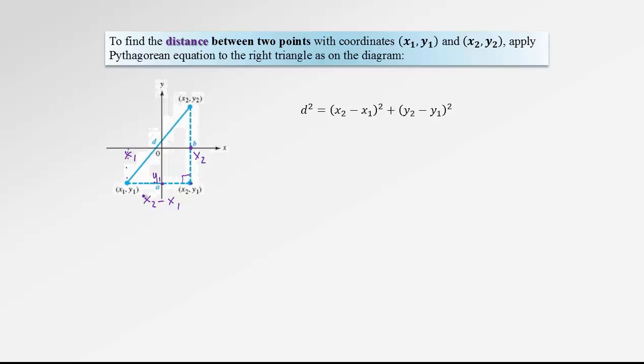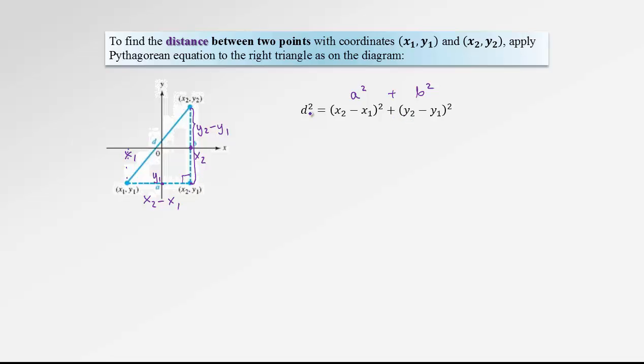This distance is our a. So x2 minus x1, that's our a, and we are squaring it, plus, and we're taking b squared. But what's b? The b is the distance between y coordinates of these 2 points. So it is y2 minus y1. y2 minus y1 from here to there, right?